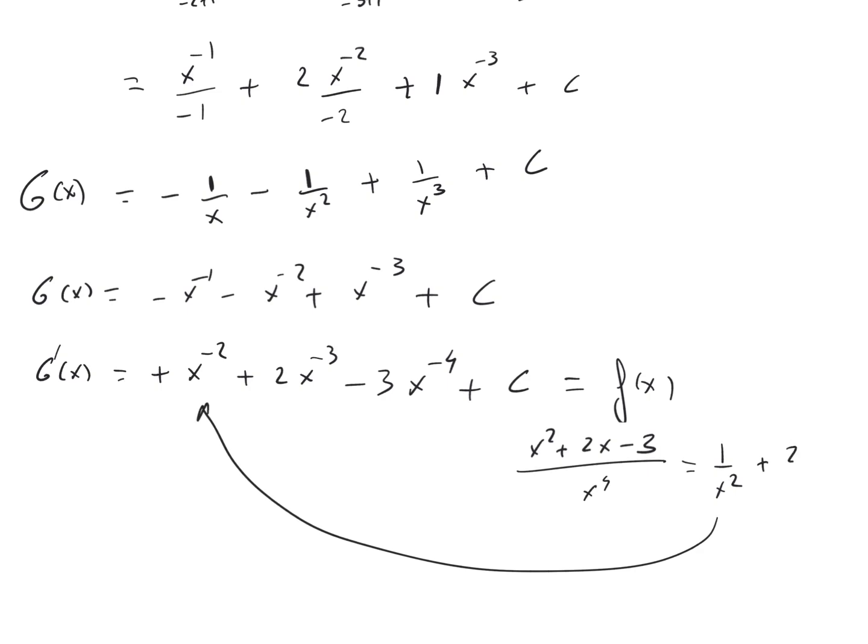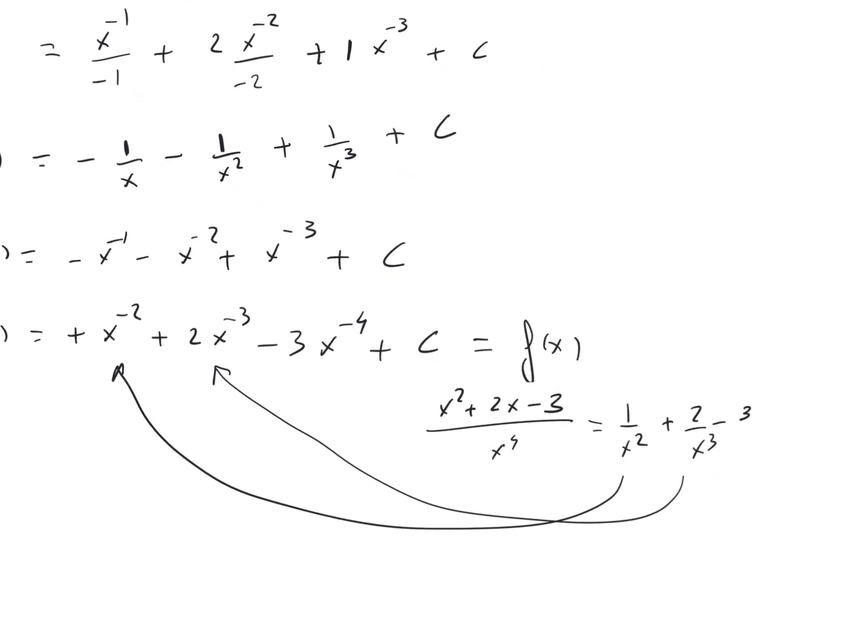Plus 2 times x divided by x to the 4 is x divided by x cubed, so I found the second term. And minus 3 divided by x to the 4 is minus 3 x to the minus 4, so I found the third term. So I didn't make a mistake.